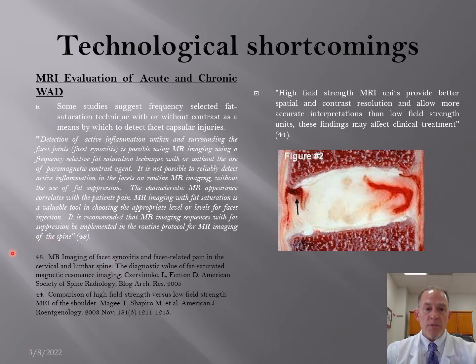And that is what these studies down here illustrate. So basically what we can do is we can see the facet joints, we can see facet synovitis or facet edema, or edema within the capsular ligaments, which indicates trauma, if we order the scan with this fat suppression. So that is a really good technique.